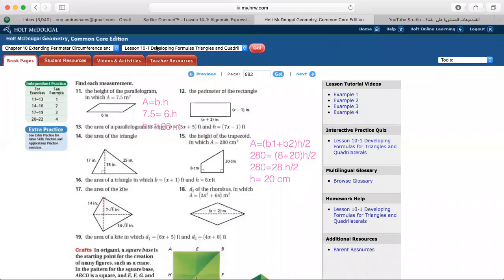Sorry girls, I'm facing poor internet connection here, so I'm back. I'm going to call this side x and this side y. How will I get x? x squared is equal to 17 squared minus 15 squared.